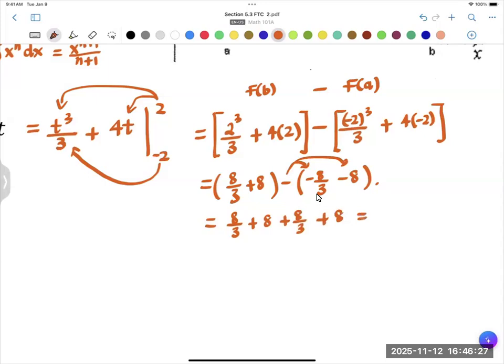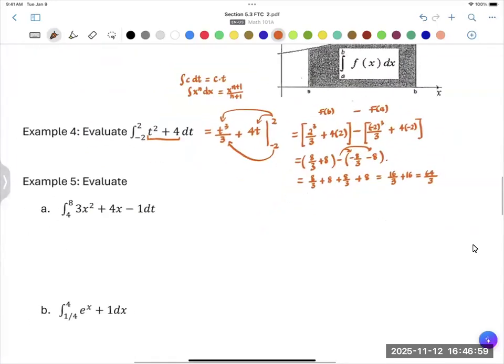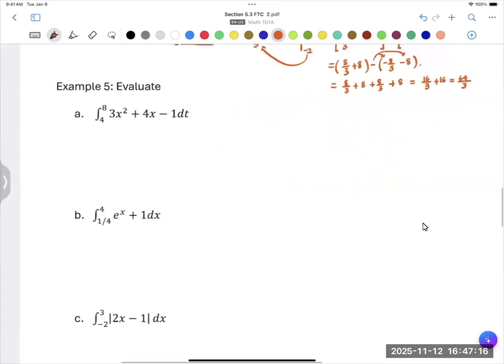So it's going to be 16 over 3 plus 16. And if you put that in the calculator, it will give you 64 over 3. Okay, so that's how you use the fundamental theorem part 2 to determine the area under the curve. So the area under this curve bounded between -2 and 2 is 64 over 3.